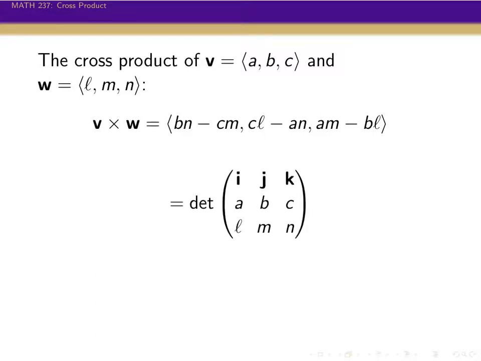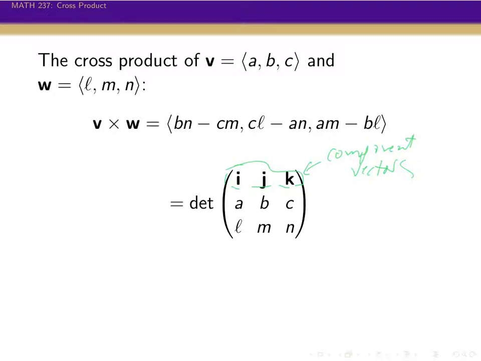And it's using this sort of funky determinant. So if you look in this determinant, we have i, j, and k. These are the component vectors. And so when you work this determinant out, whatever is being multiplied by i, that's going to give you the x component.